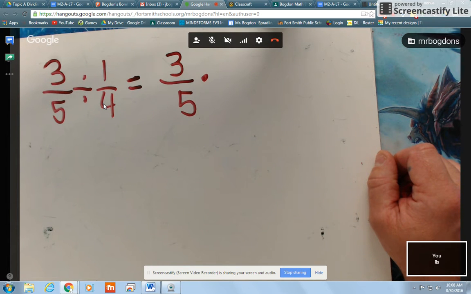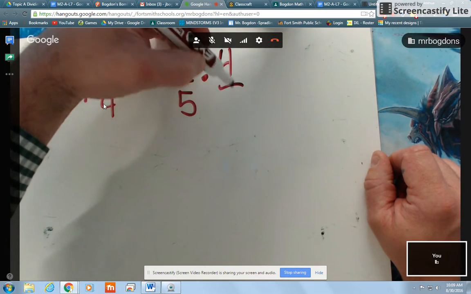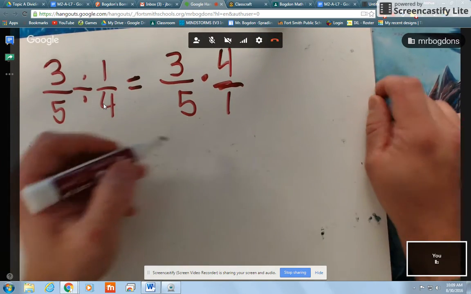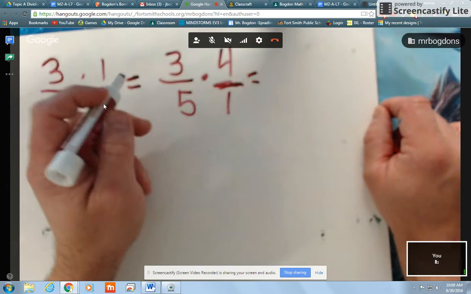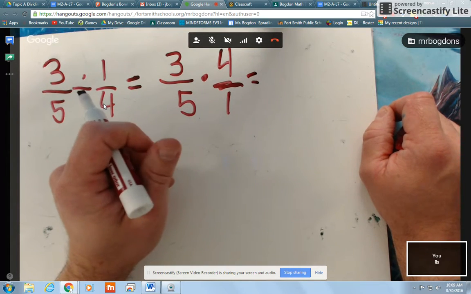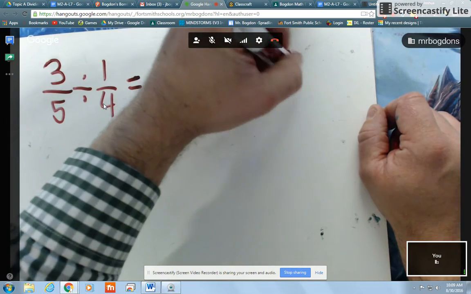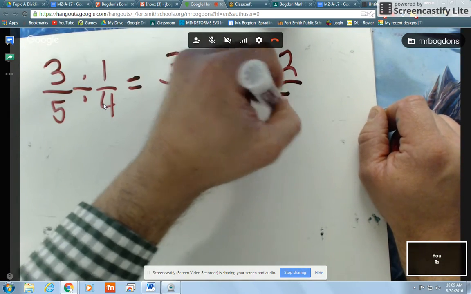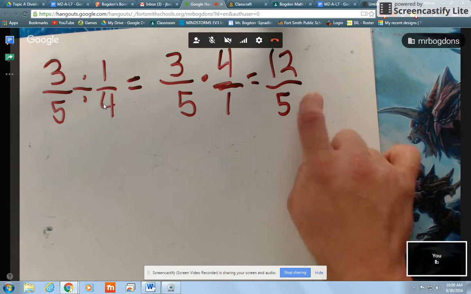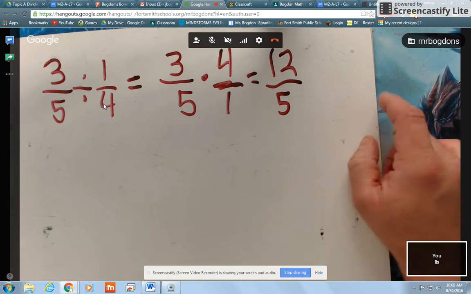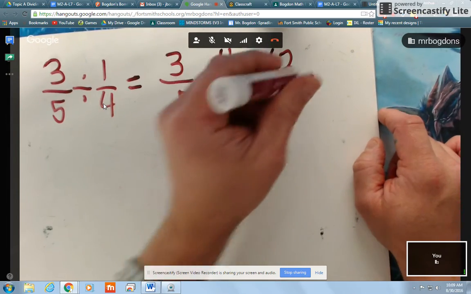Yep. So what is the product of 3 times 4? Everyone? What's the product of 5 times 1? Okay, so how many groups of 5/5 can I pull out of 12/5? With how many left over?